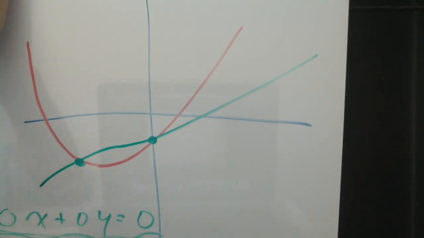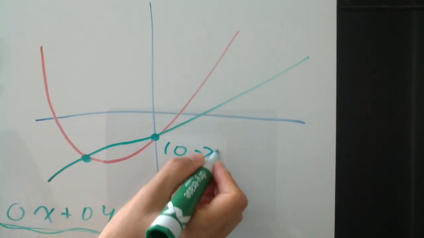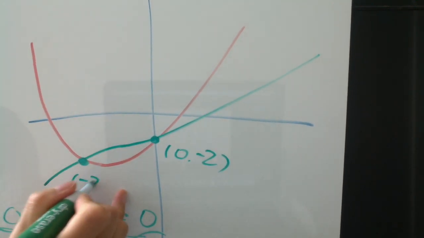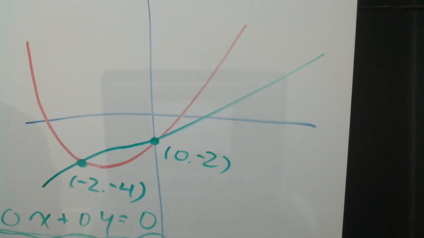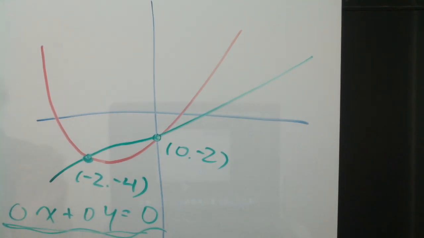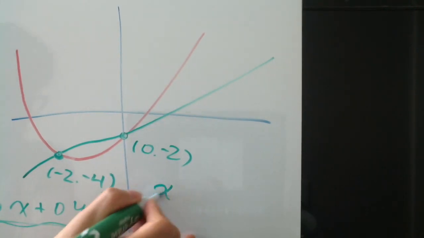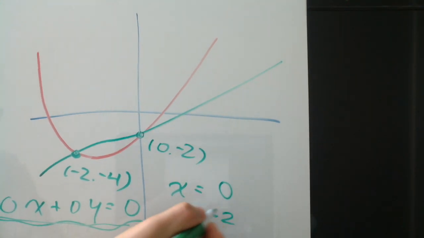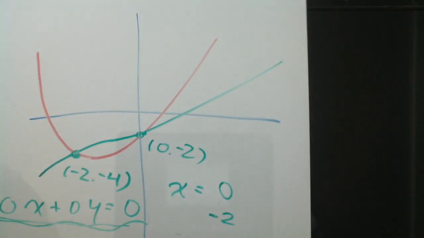To me, they point like 0, negative 2. I would say 0, negative 2. And this point is negative 2, negative 4. Well, please look at your paper. I don't have it in this screen. So can you read the point from the picture or the graph on the paper? So let's say the solution is 0, negative 2. You have 2 because there are 2 intersect points. Okay.